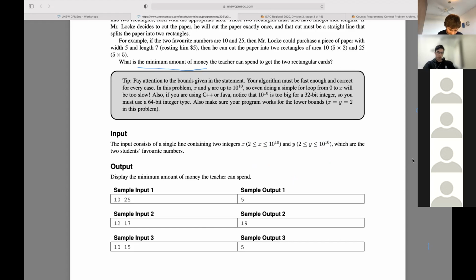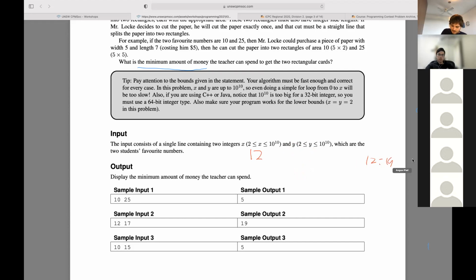In this second case here, we have 17, 12, and 17. One option is for the 12, we can buy 2 times 6 for a cost of 2. That's the cheapest one. And for 17, we can't buy 1x17, but we can buy 17 by 1 for a total cost of 17 plus 2 equals 19.